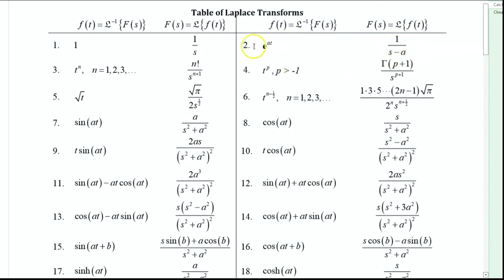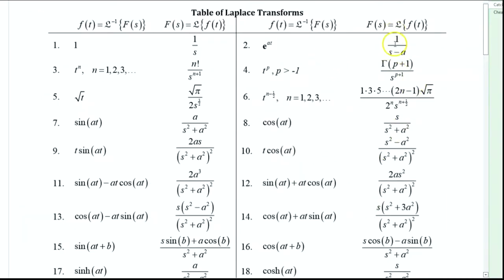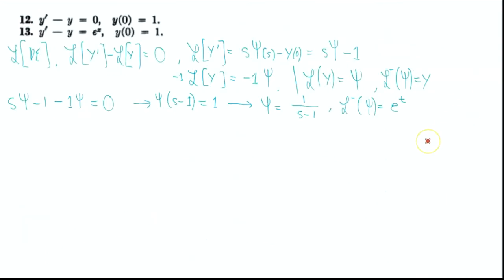So it's going to be e to the at. In our case, we take the inverse Laplace of big Y, and it's just going to be e to the t. Let's check, yeah, e to the t. And that is equal to y. So that's our answer, actually, just right there.